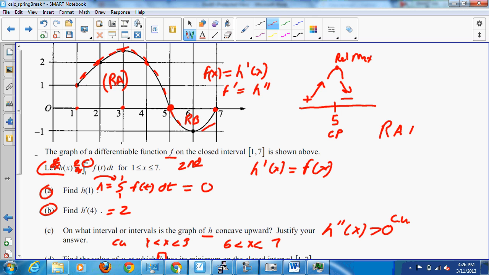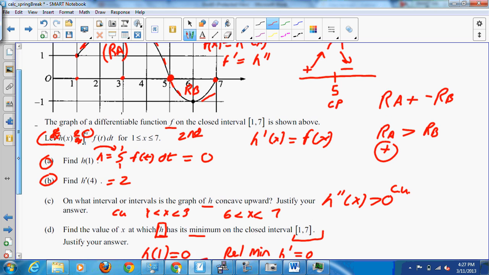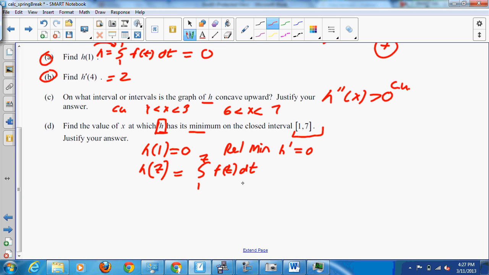And the area for region B is going to be negative. And since the area for A is larger than the area for B, this is going to be a positive value. So I'm sure that's going to be enough justification to say that H of 1 is the absolute minimum.